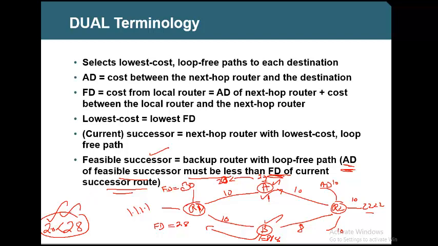When the alternate path's AD is less than the successor's FD, then that can be considered a feasible successor. This is what is called the feasibility condition. You understood? Yes. Now, this is the main story of this chapter. I will stop.